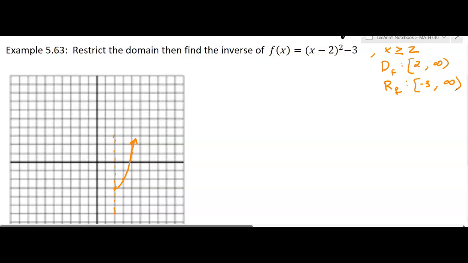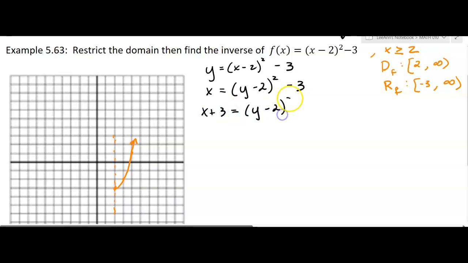Okay, now let's go to find the inverse. So we're going to say y equals (x minus 2) squared minus 3. We're going to switch x and y. We're going to add the 3. We're going to take the square root of both sides.